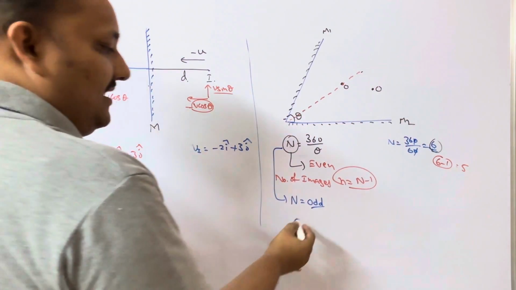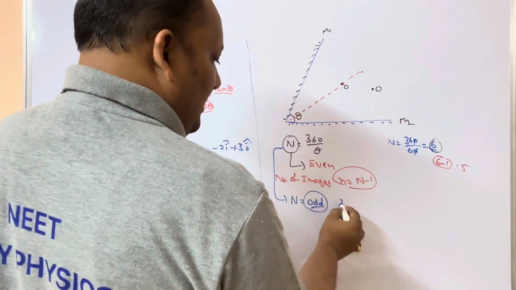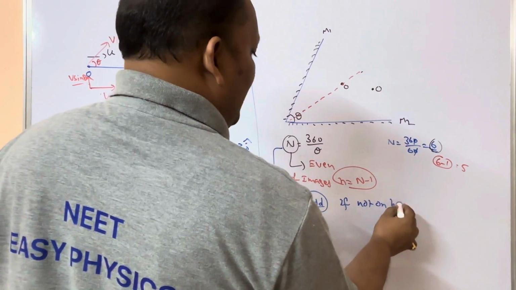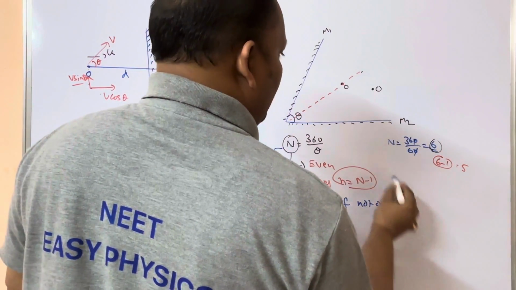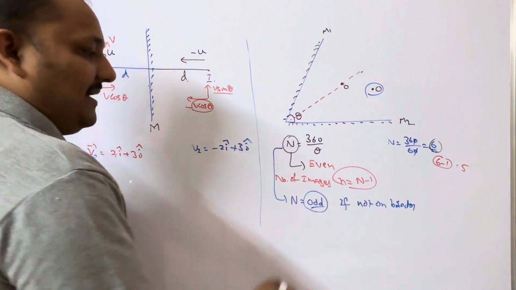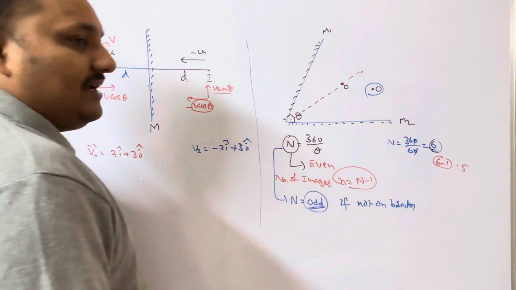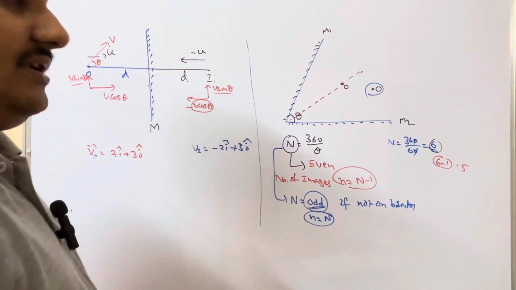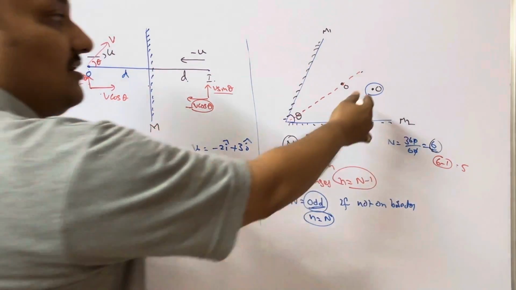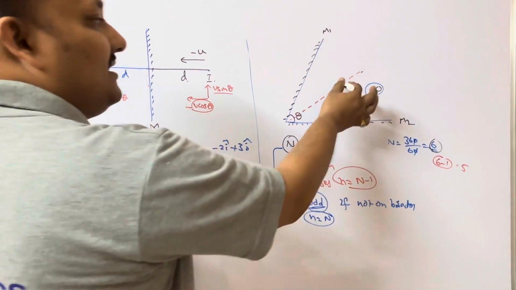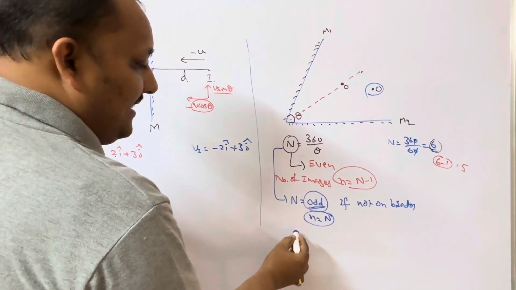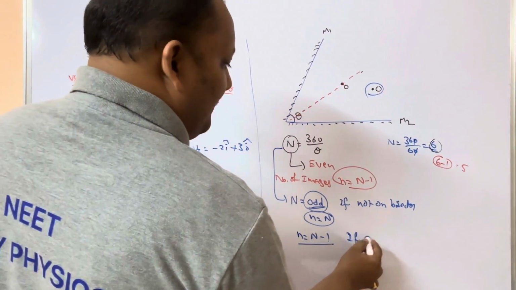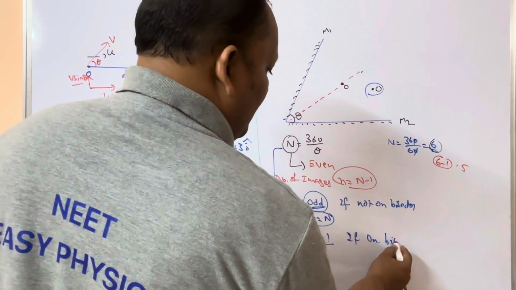If N is an odd number and the object is not on the bisector, asymmetric, then the number of images is that odd number only. Let us assume the object is on the bisector. At that time, the number of images will be N minus 1.